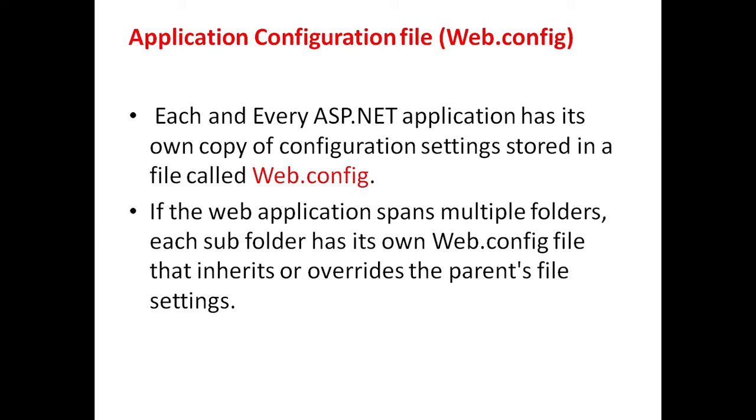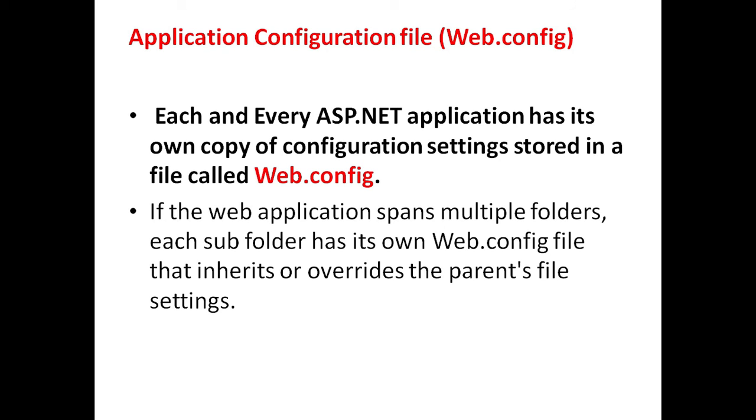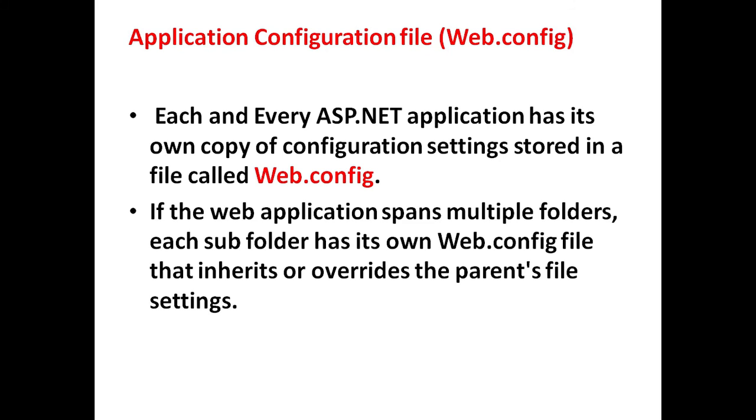Next is application configuration file. Each and every ASP.NET application has its own copy of configuration settings stored in a file called web.config. If the web application spans multiple folders, each subfolder has its own web.config file that inherits or overrides the parent's file settings.